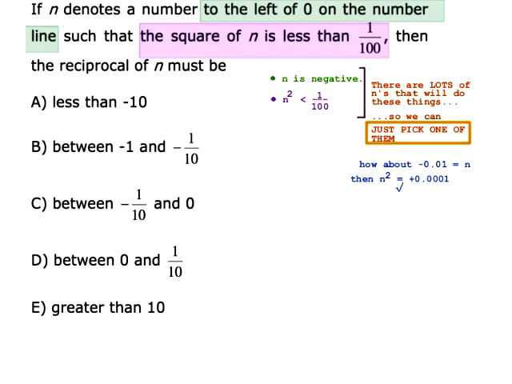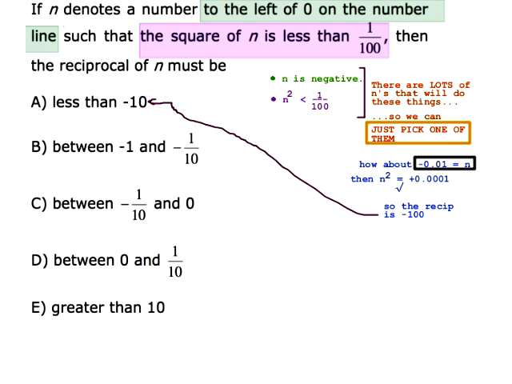It satisfies the condition. So then we can just use this value. The reciprocal of n in that case is negative 100. So the reciprocal is way less than negative 10. There you go. That does it.